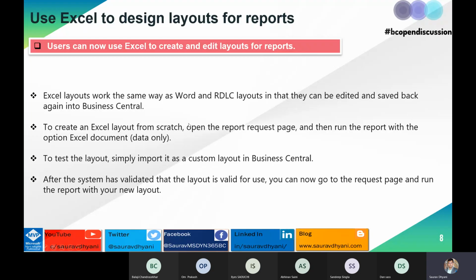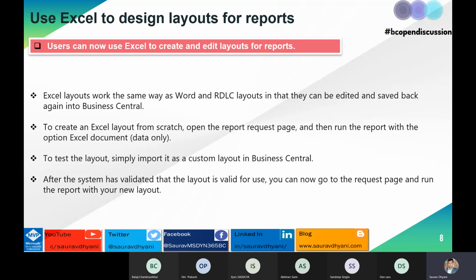Now, how they work, that's a little bit I don't like. Maybe I need to learn something more about it. But what happens is when you run a report, there is an option based on which you can download the dataset of the report into Excel. That was available starting Business Central 19.